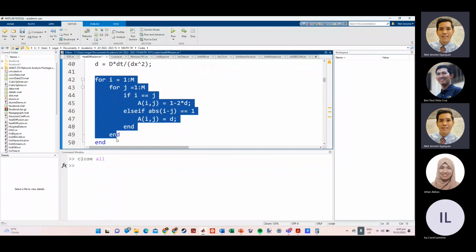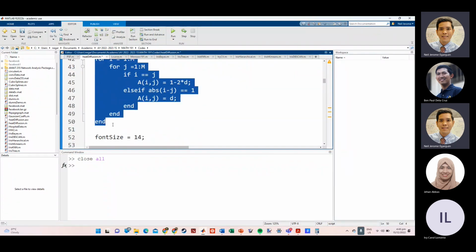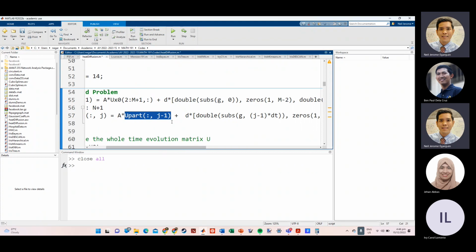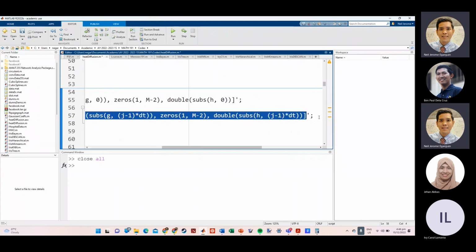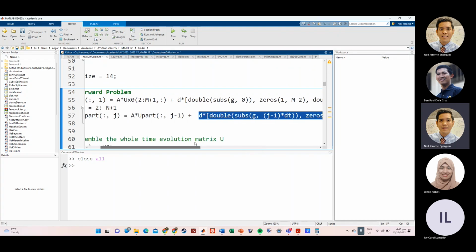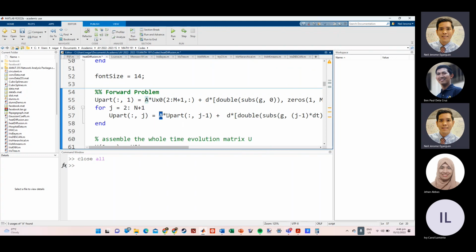So, itong for loop na to, ito yung nag-define ng matrix capital A. And then this computes U. So, ito yung A times U upper J minus 1 plus V upper J minus 1, and it will give us U upper J. Ito yung iteration formula natin as part of a matrix.